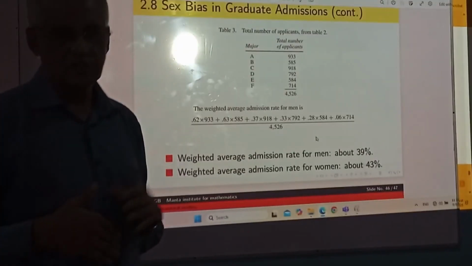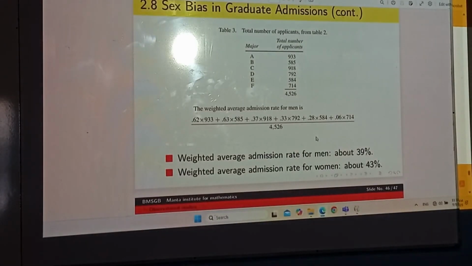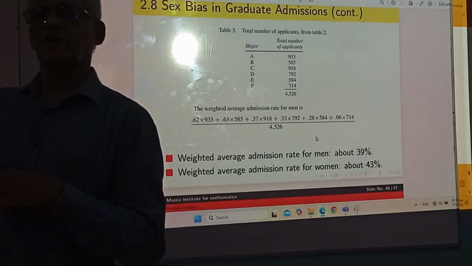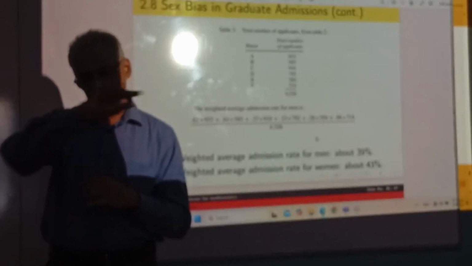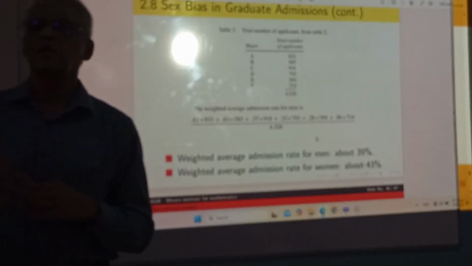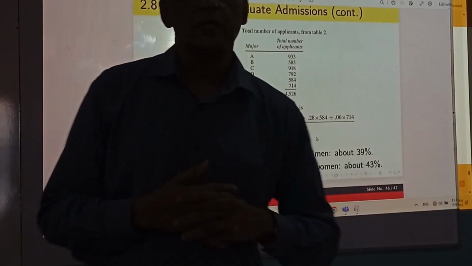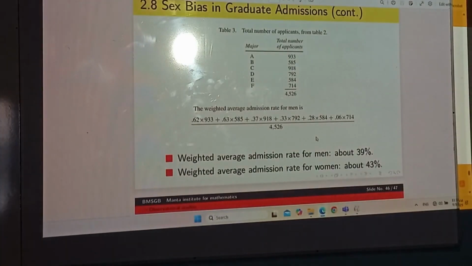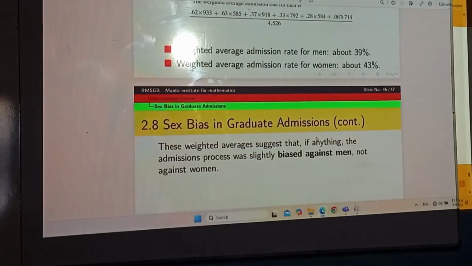So that tells you that there are situations where the overall picture doesn't tell you the truth. If you stratify and analyze within each stratum, you will see the correct picture more clearly. So that is another thing you have to be careful about when you are doing observational studies.